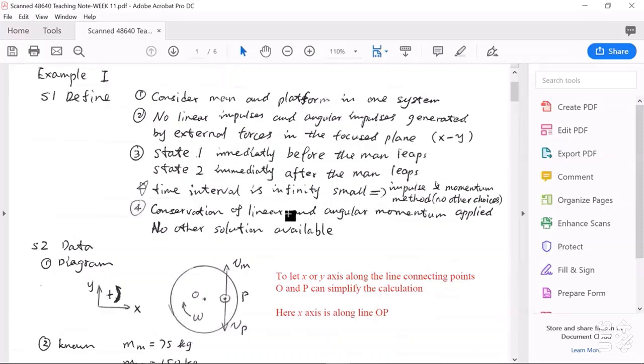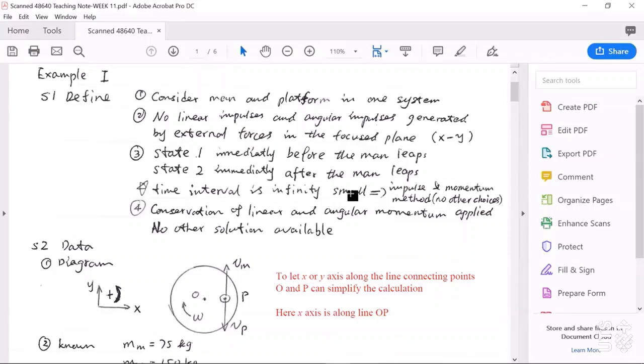And you can see the time interval between this initial position and final position is very, very small. And this time interval cannot be measured.